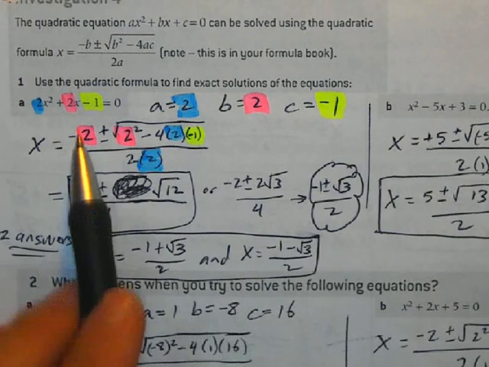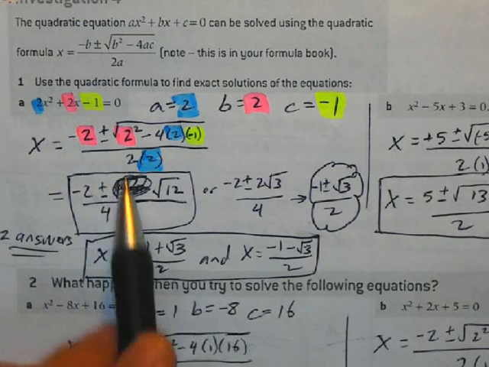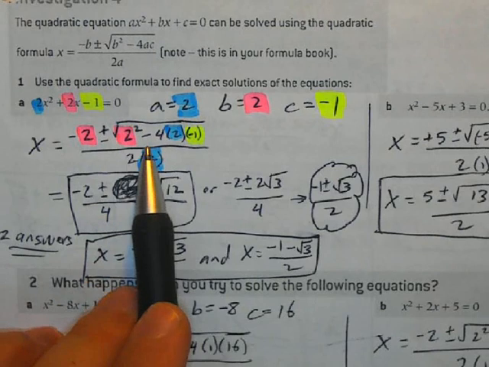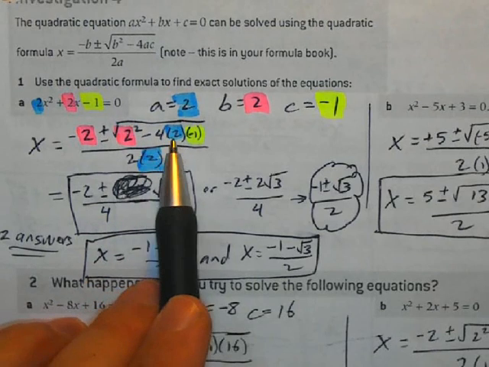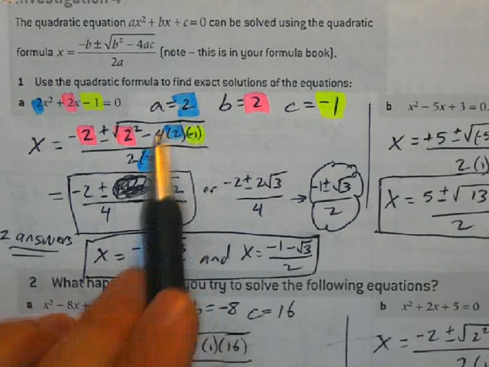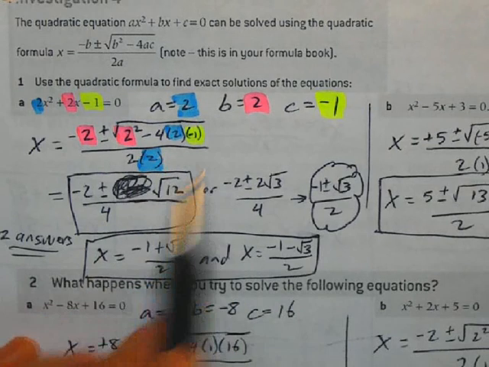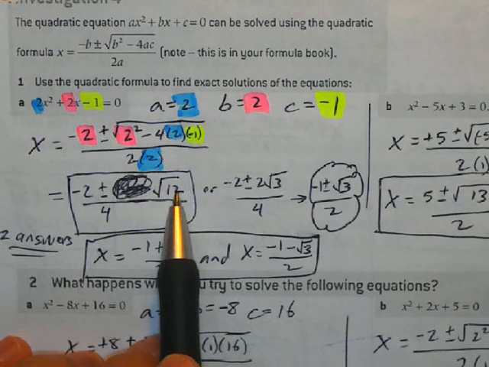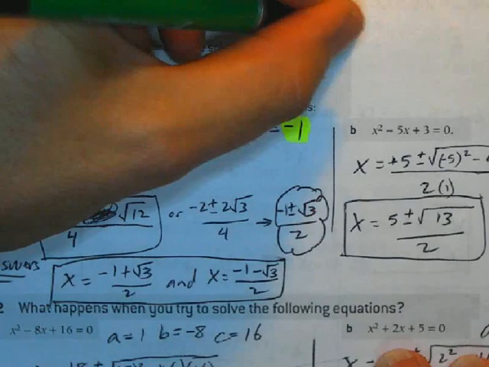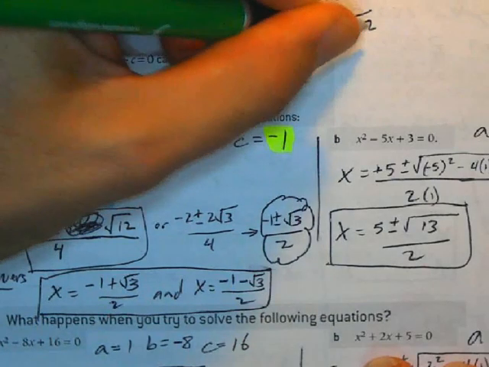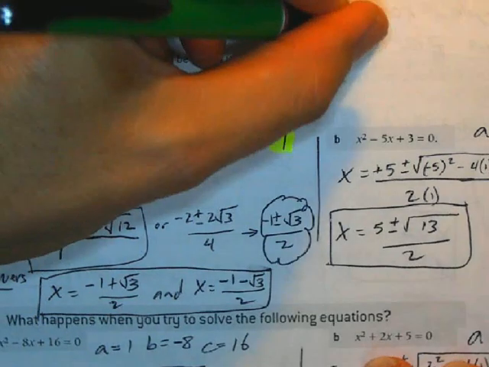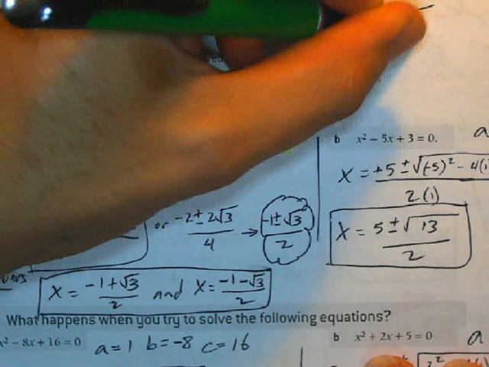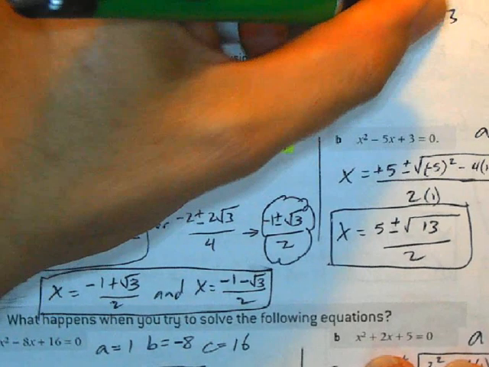Then we end up with -2 plus or minus the square root. This is 4 minus 4 times 2, which is 8, times -1, so this ends up being +8. So 4 plus 8 gives me 12. The square root of 12 is equal to the square root of 2 times 2 times 3, right?